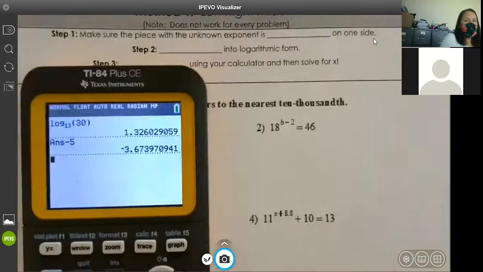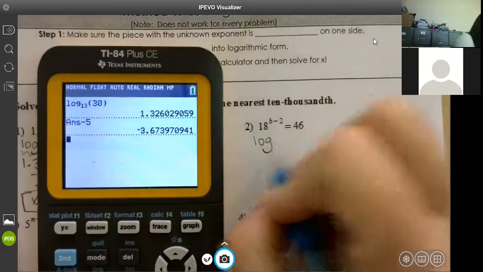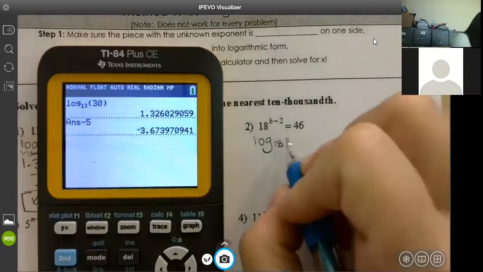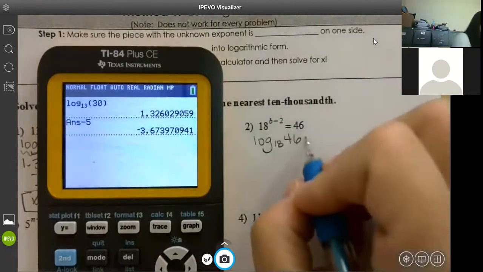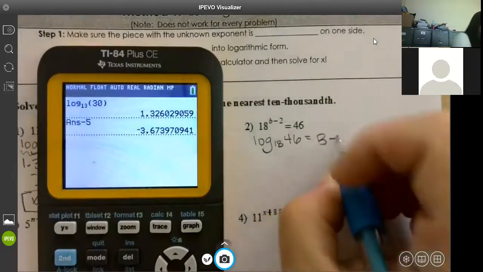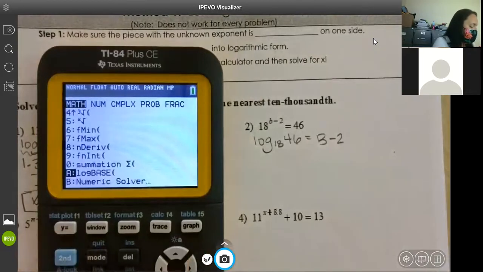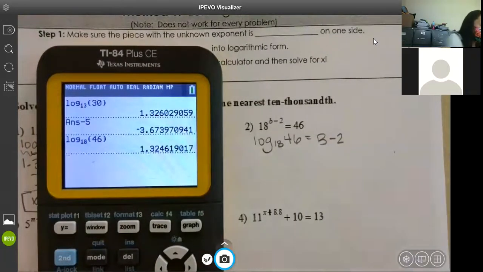It's in exponential. How do I put it in log form? Yeah, make sure you write the word log. Your left is 18. Your right is 46. And your middle is b minus 2. Evaluate it. Math, log base, 18, 46.